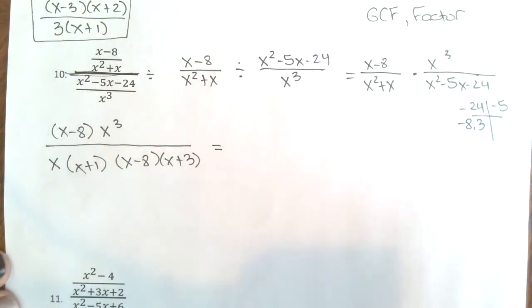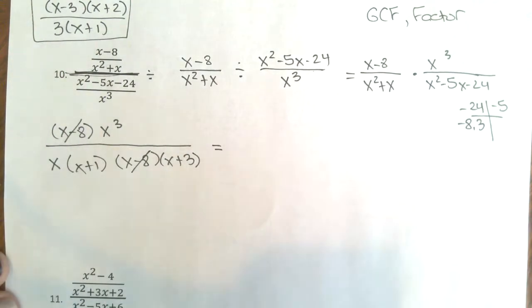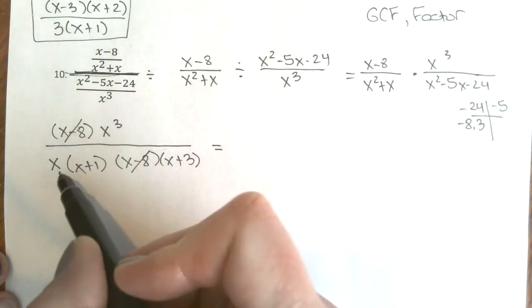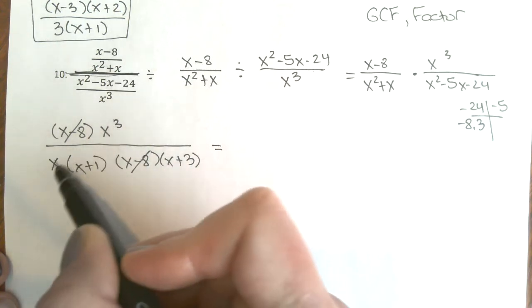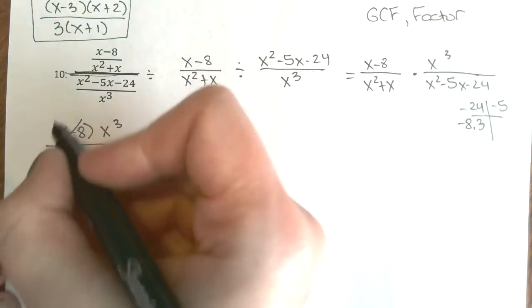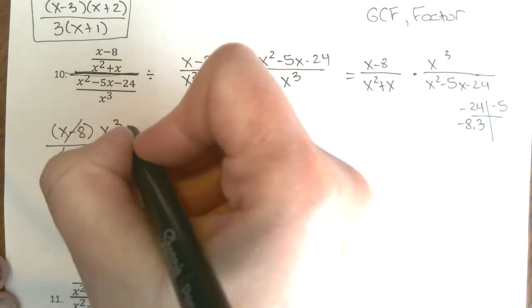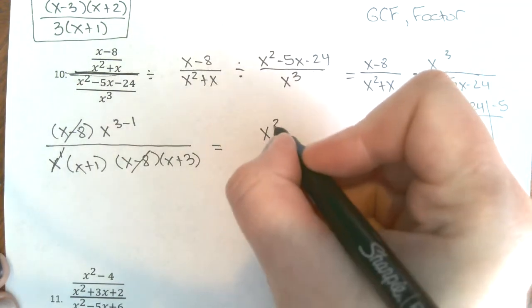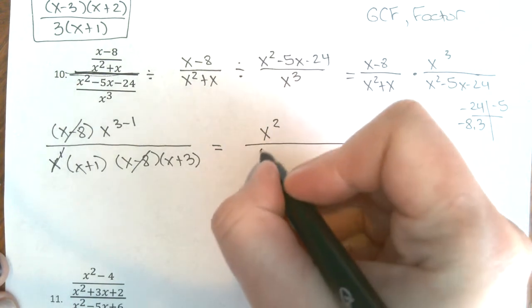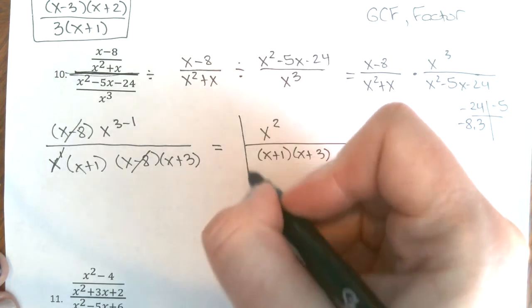Now that everything is fully factored, now you can go canceling. The x minus 8 cancels with the x minus 8 on bottom. This x to the third and this x, those are monomials and they can cancel each other out now. So there's an invisible 1 on that x on bottom, and I'm going to subtract. So that leaves me with an x to the second on top, x plus 1, x plus 3 on bottom.